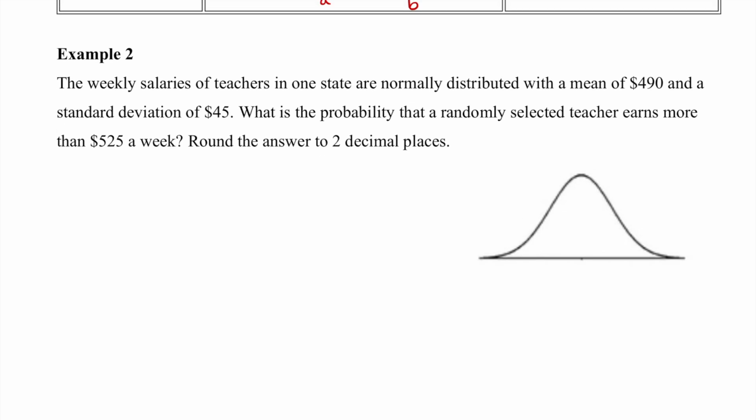Example 2. The weekly salaries of teachers in one state are normally distributed with a mean of $490 and a standard deviation of $45. Our random variable is the weekly salaries of teachers, and we have a normal distribution with a mean of $490 and a standard deviation of $45.